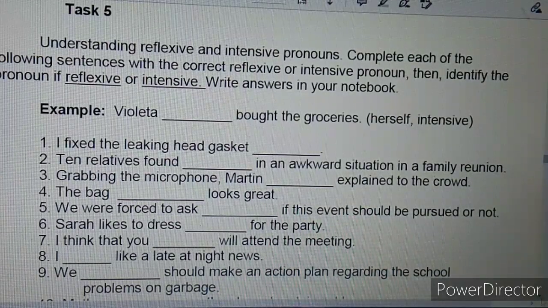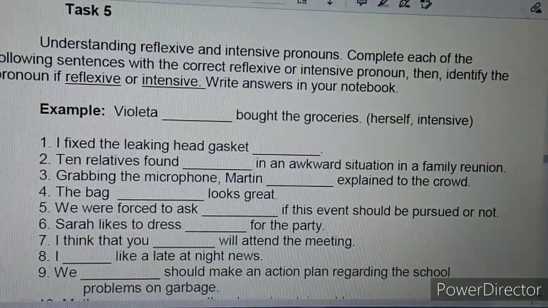So here we are now on task 5. Understanding reflexive and intensive pronouns. Complete each of the following sentences with the correct reflexive or intensive pronoun. Then, identify the pronoun if reflexive or intensive. Again, you write your answers in your answer sheet.